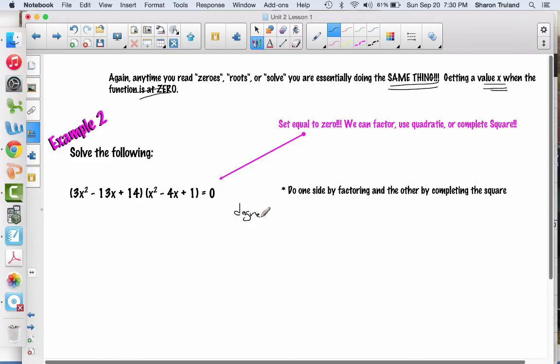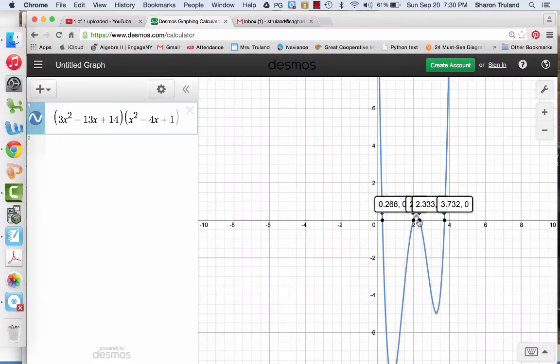So therefore I should have 4 possible answers. And if I look carefully, 2 answers are pretty. 2, 0. We like 2, 0. 2.33, which is a fraction 2 1/3. So that means somebody can be factored. But these are irrational, and Desmos rounds them to the nearest thousandth.